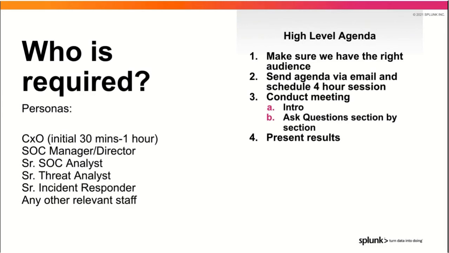And then we'll give you some high-level results. We'll give you your maturity ranking, and then we'll put together a more formalized report and come back with an executive overview and really start to show how we can help you together in working on your security operations from a program level perspective, right?